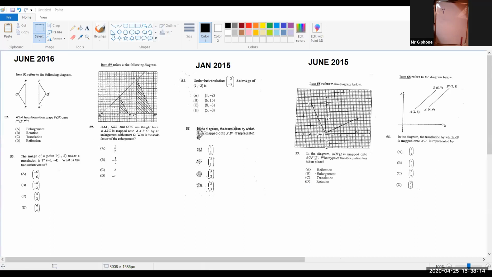For question 55, what diagram are we looking at? Question 55, June 2015. Just a minute.